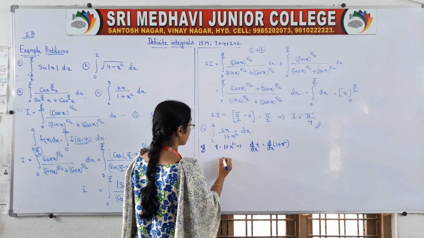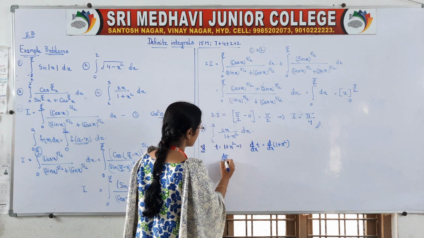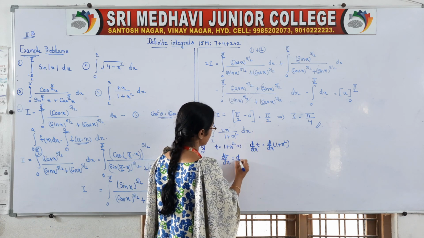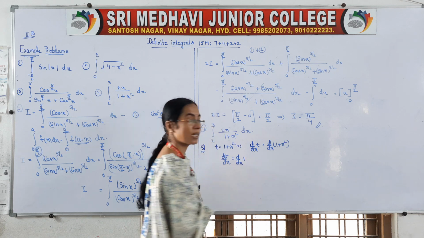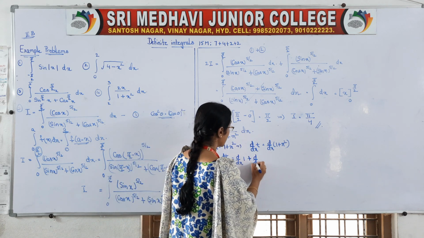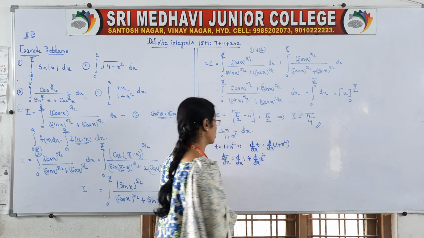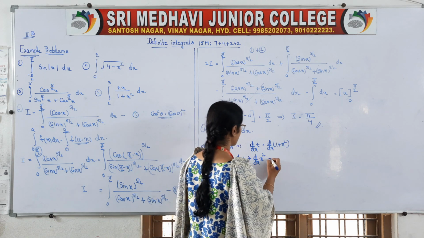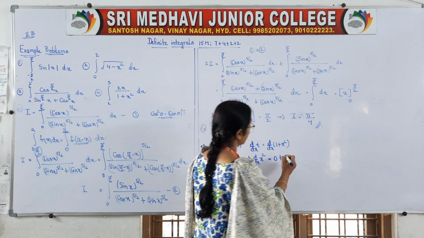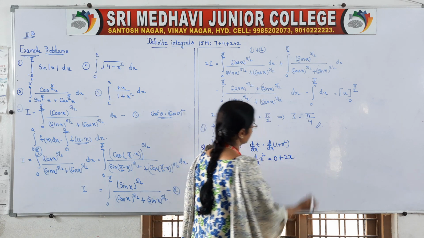So this is nothing but dt by dx is equal to d by dx of 1, whenever two terms are there, we have to write separately, plus d by dx of x square. d by dx of 1 is 0, plus d by dx of x square is 2x.